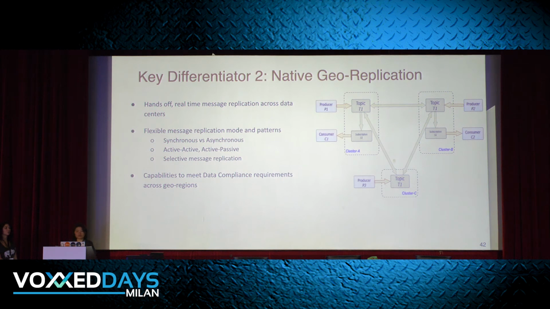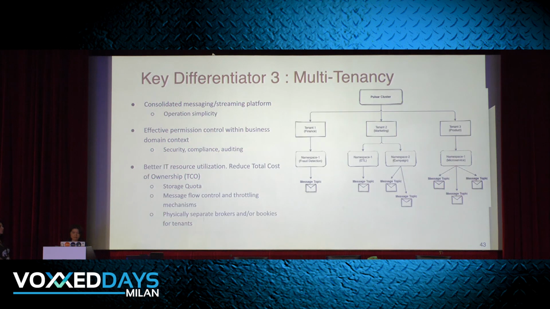So if you want to replicate data, maybe certain data you don't want to replicate across the globe to non-relevant areas. Pulsar already has built-in capability. You can configure it to replicate what you need. Everything about active-passive setups, you don't have to do a lot of manual process, and Pulsar already has it available for you. You just need to know what you need and then configure it accordingly. And then there's also this concept of multi-tenancy.